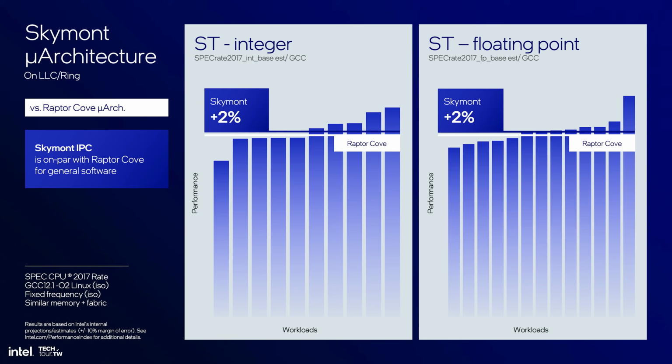Right, because I think I remember your presentation from last year saying, okay, this Skymont core performs better or as well as the, I think it was the Raptor cores. Yeah, so I had a chart that was basically if you put a Skymont on a ring, then this would be the relative performance. Exactly. And there we said this would perform similarly to Raptor Cove on a certain set of workloads.